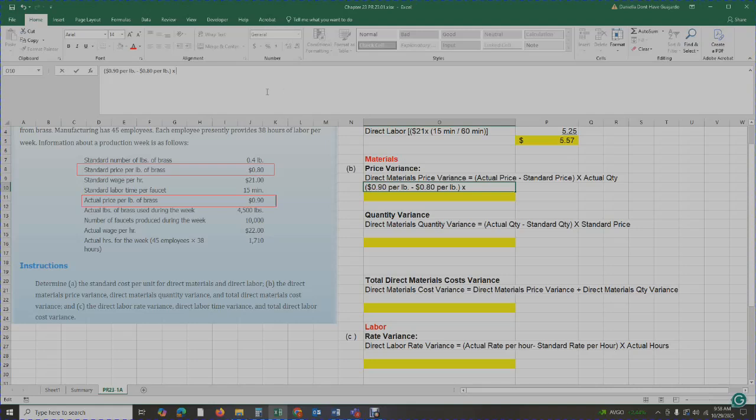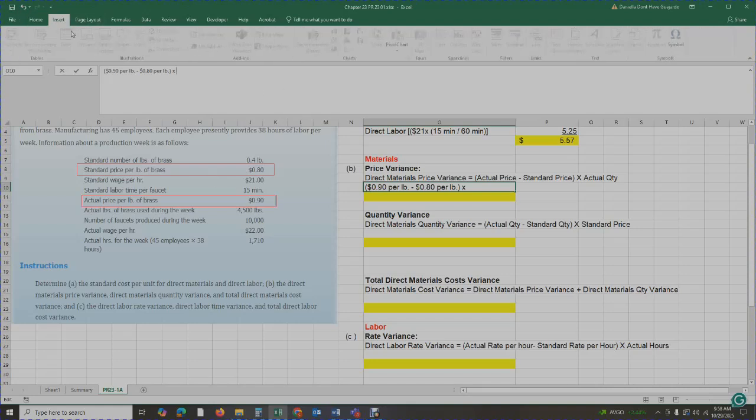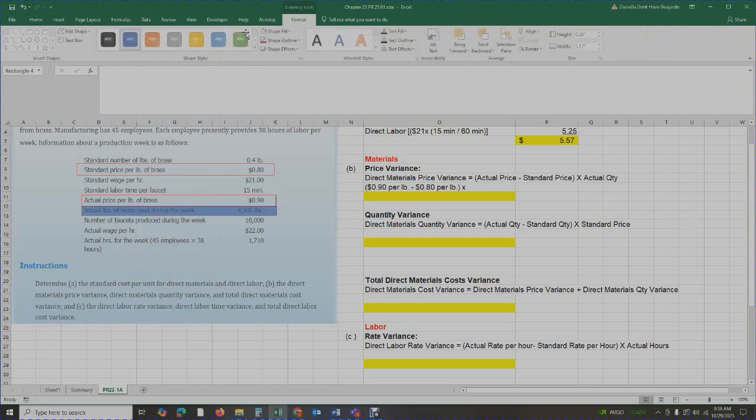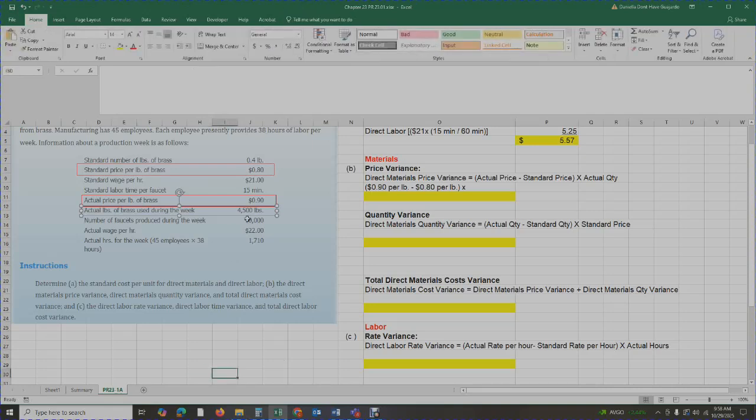We're going to look at the information given in the problem. It says right here, the actual pounds of brass used during the week is 4,500 pounds. So we're going to multiply it by the actual quantity of brass used, which is 4,500 pounds.